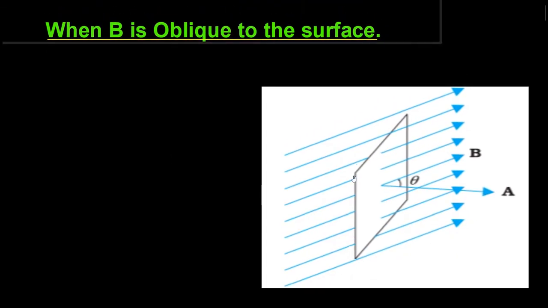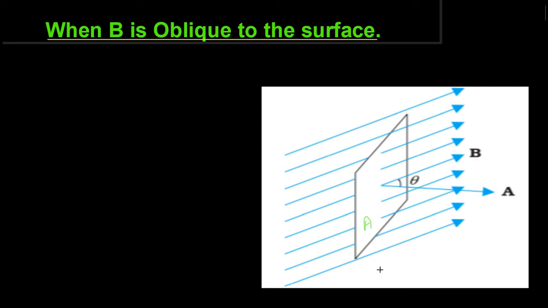Say this is the surface of area A, which is represented by the area vector A. And these are the magnetic field lines passing obliquely to the area vector. B is oblique to area.